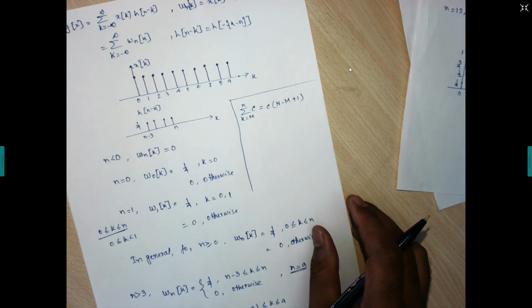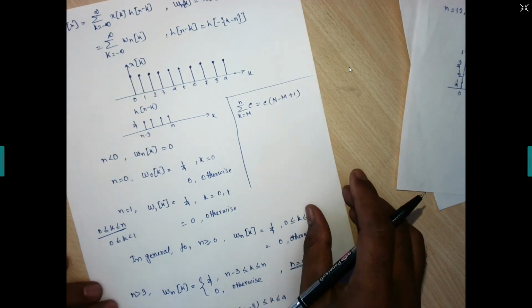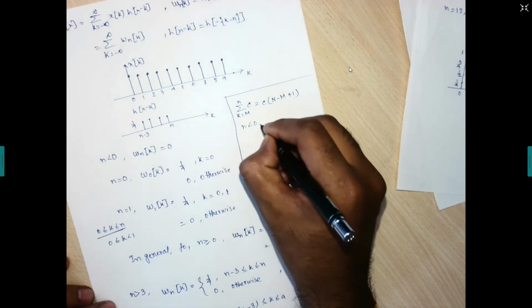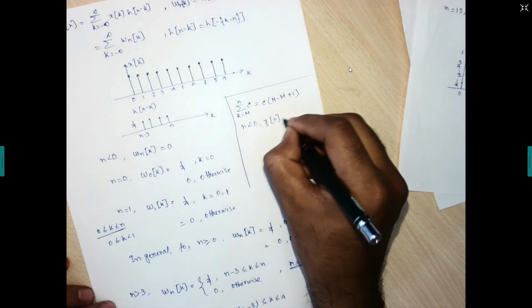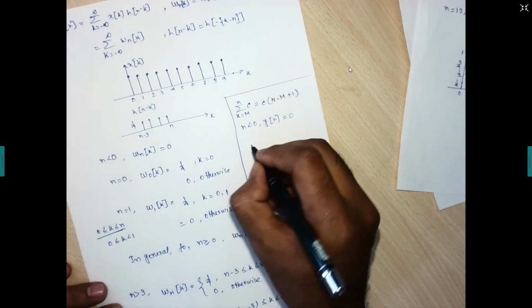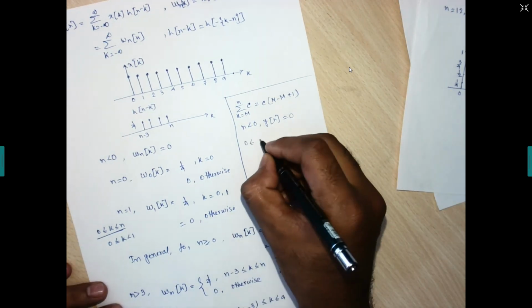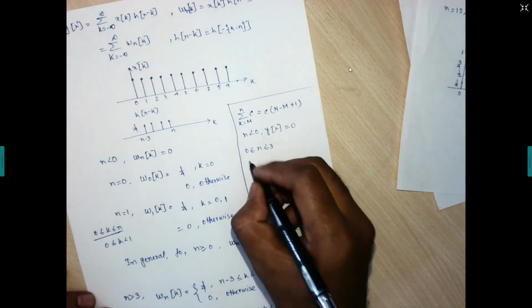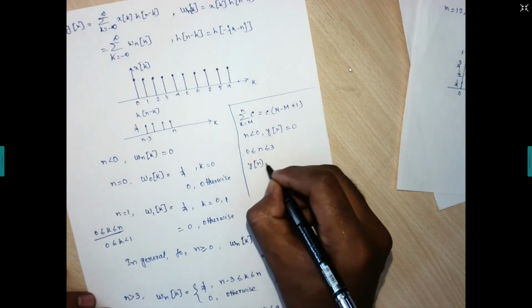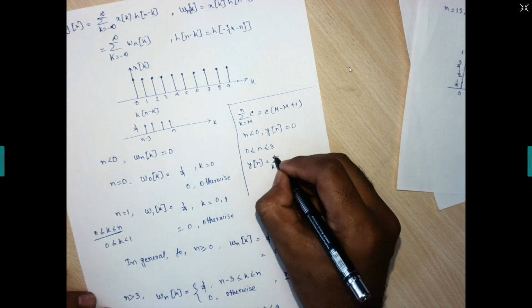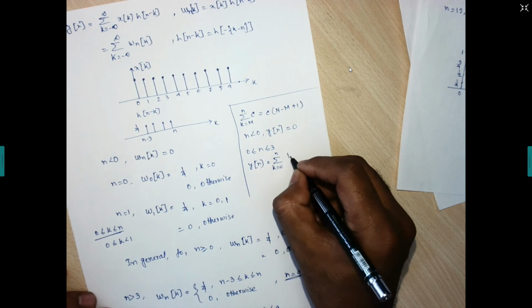So if we go for this n starting from 0, but why? Because for n less than 0, y of n is completely 0, right? If we go for the next interval, that is up to 3, so what we are having? y of n is the summation k is equals to 0 to n, it is up to 3, 1 by 4.